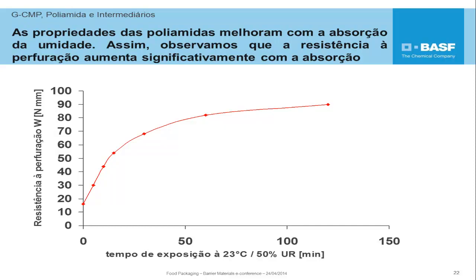All of this is due to the inclusion of water between the molecules of polyamide, as we explained earlier, making the interaction between the molecules of contiguous polyamides more flexible. The effect of humidity on the puncture resistance is really significant.